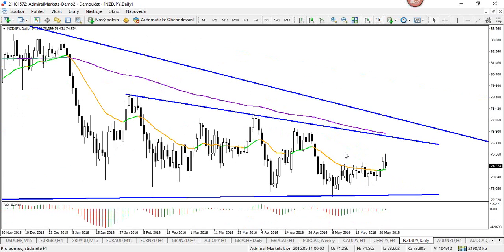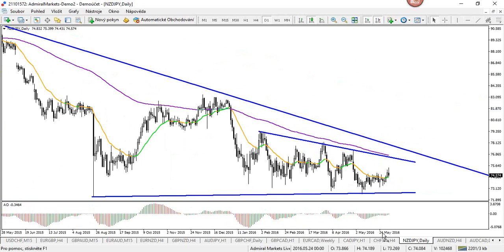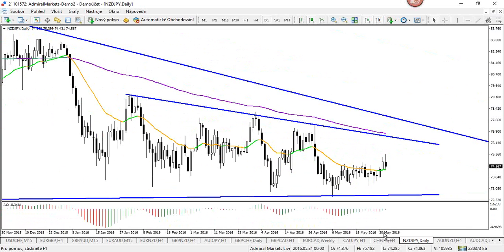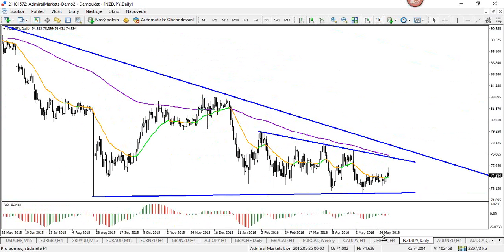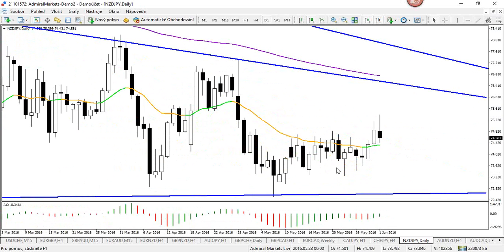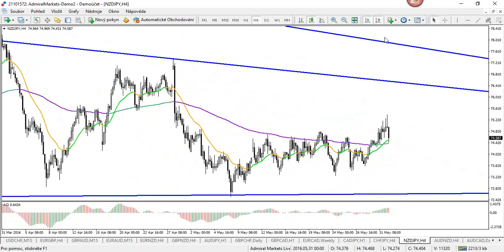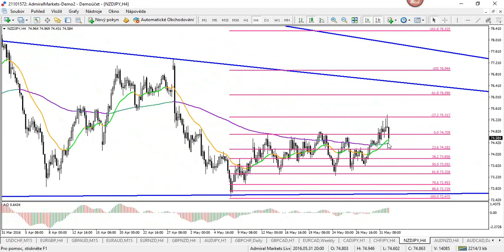All right, so daily, very choppy. All right, this looks a bit of correction. We hit the minus 272 target.